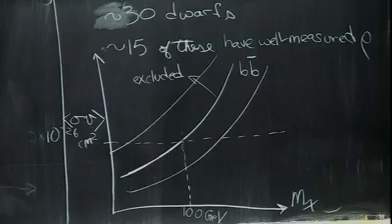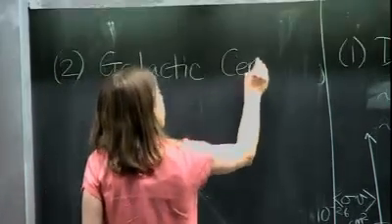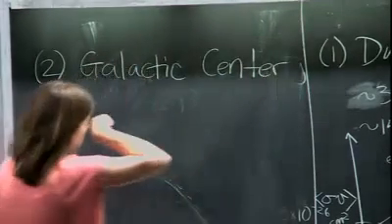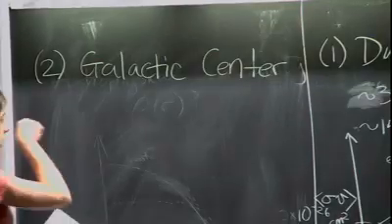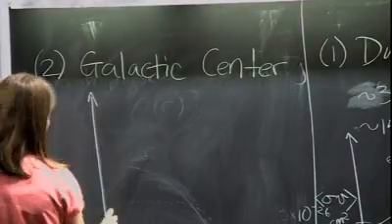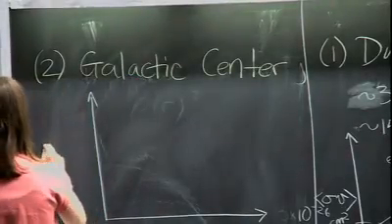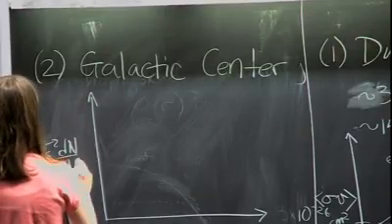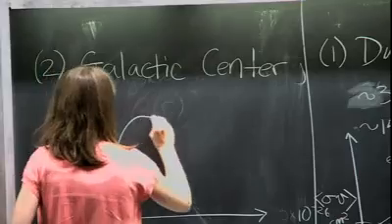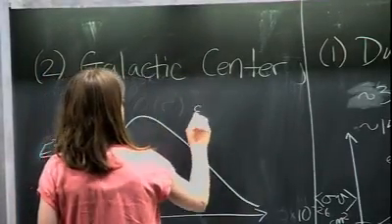And this is where things are really confusing right now, because there's an excess that's actually observed in the center of the galaxy. The energy of the photons is usually plotted as E squared dN/dE, but it looks roughly like this. This is with background subtracted, so just the excess.